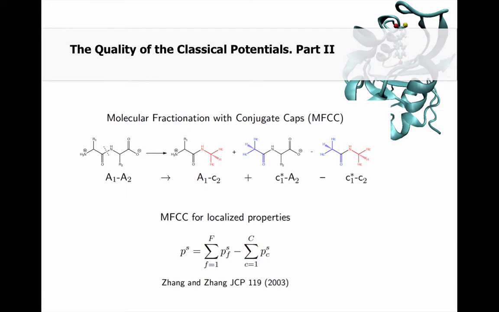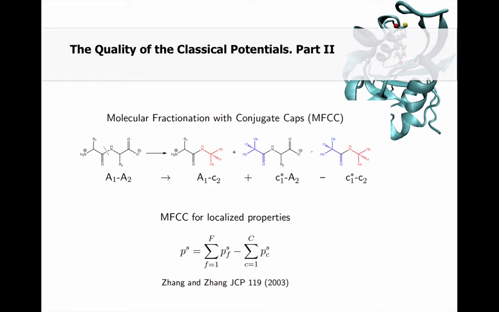In many cases, the environment consists of molecules or units which are covalently bonded together, and in order to be able to treat such systems, we have implemented the molecular fractionation with conjugated caps method. Now this method is illustrated here in the case of peptides or proteins.